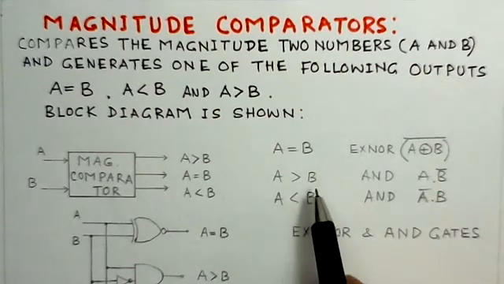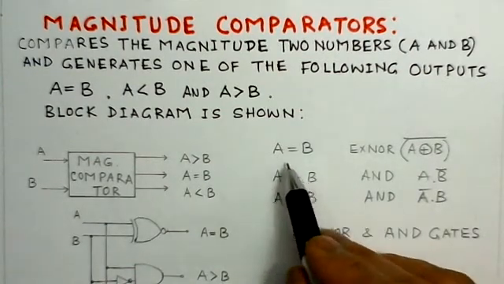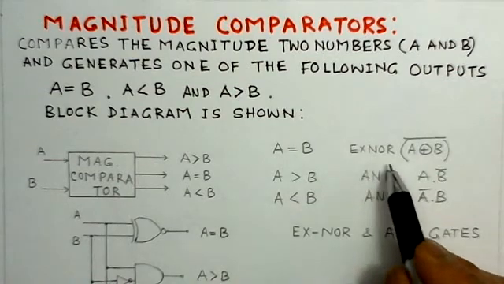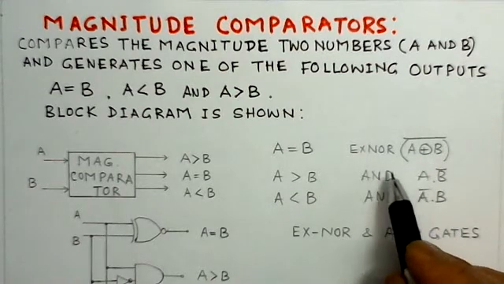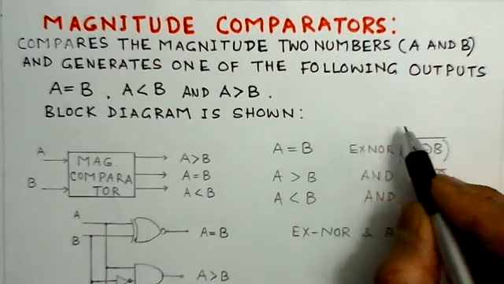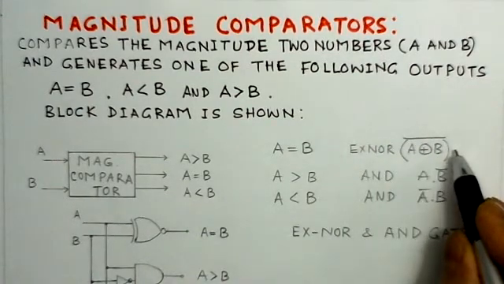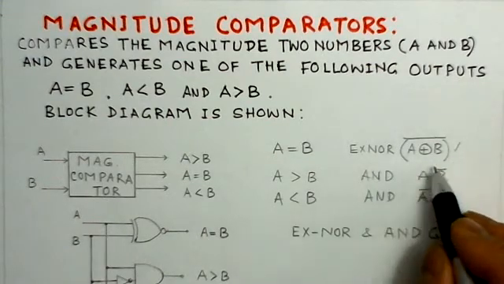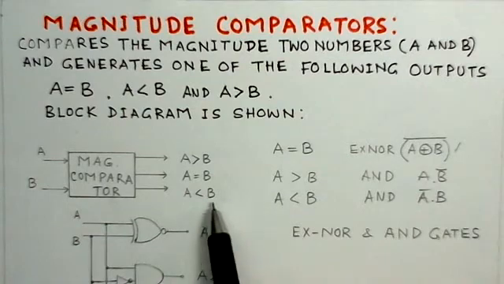Now we can notice that for A equal to B, this is an XNOR gate. If you see the truth table for the 1-bit comparator, you will notice this corresponds to the XNOR gate. That means if the two inputs are the same, you get output 1.